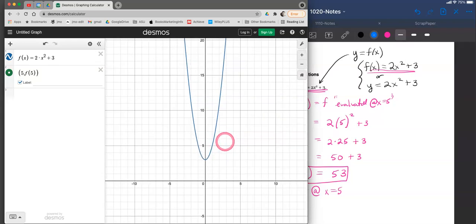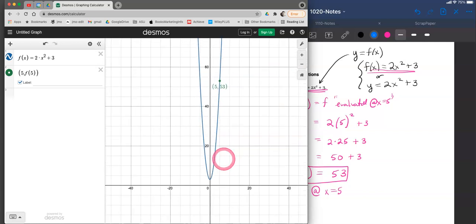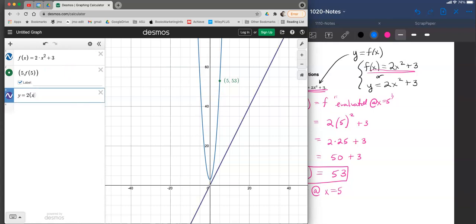And one could create a label of that on the graph, and one can then see, if we zoom out quite a ways, there is (5, 53). That is a solution to this particular equation, y is equal to 2 times x squared plus 3. And both in function notation and as an equation, you get the same picture.